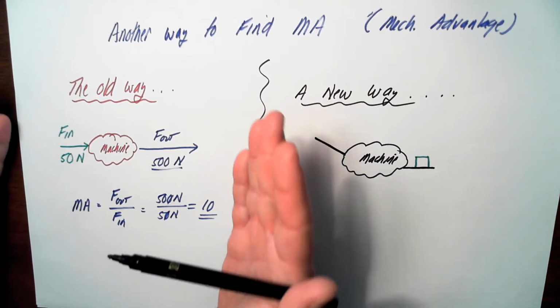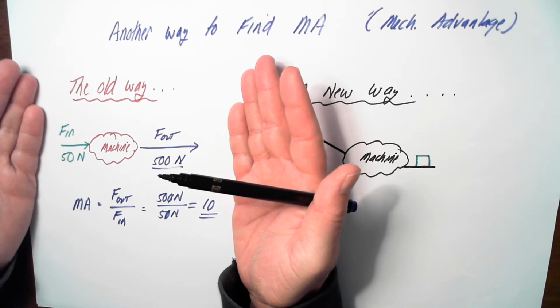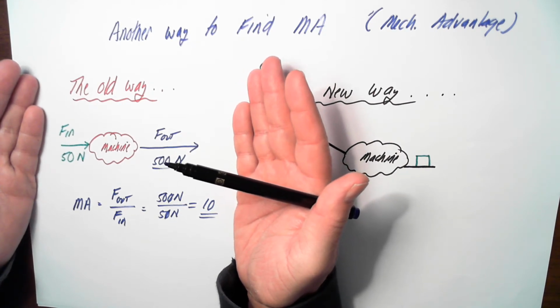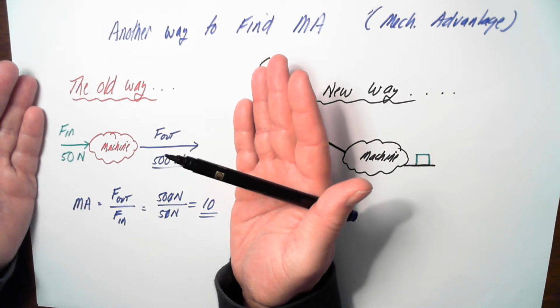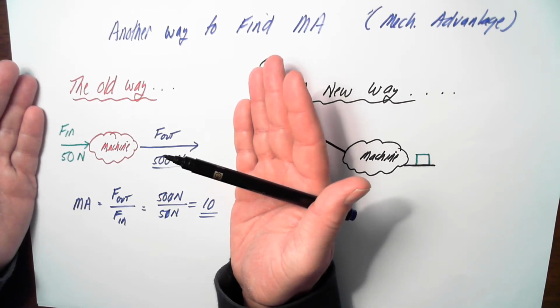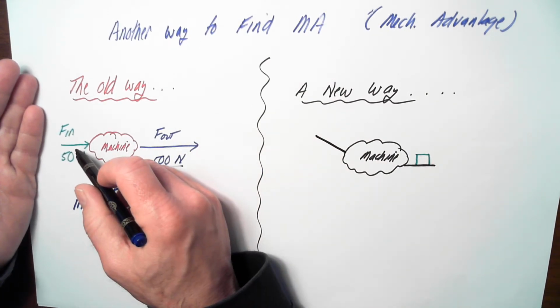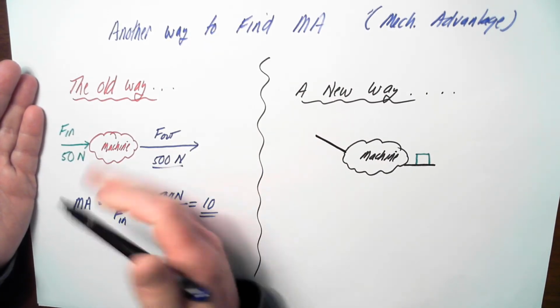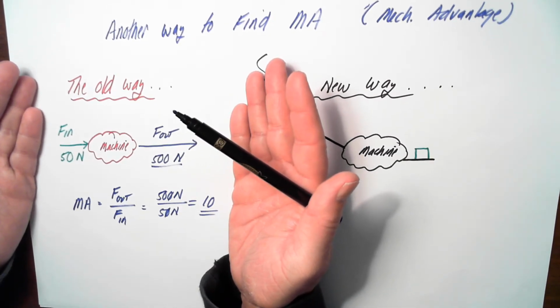So this is ultimately what mechanical advantage is all about: 98% of the time, we'll talk about the 2% later, getting more force out than you put in, and that ratio of how much more force you get out versus what you put in is called mechanical advantage.